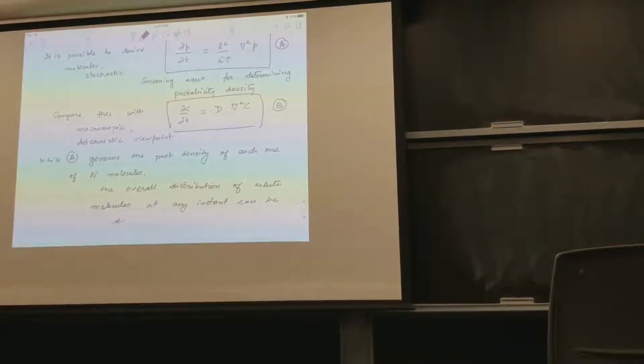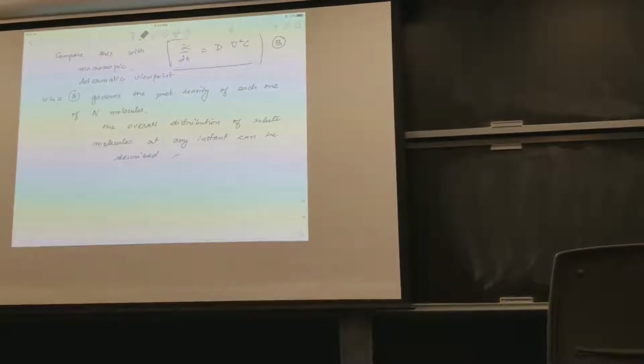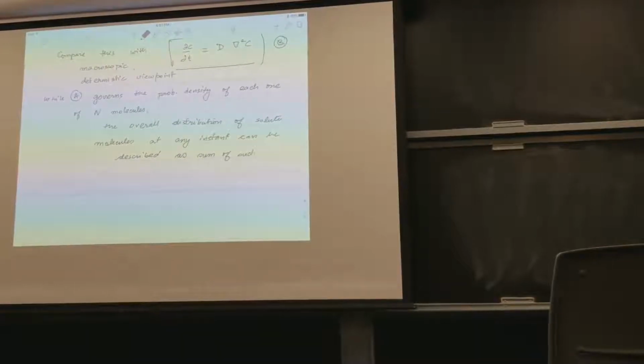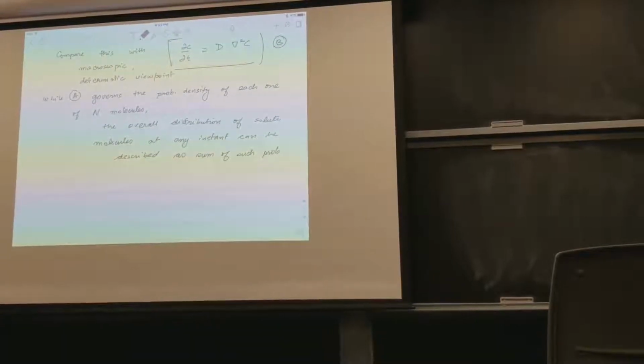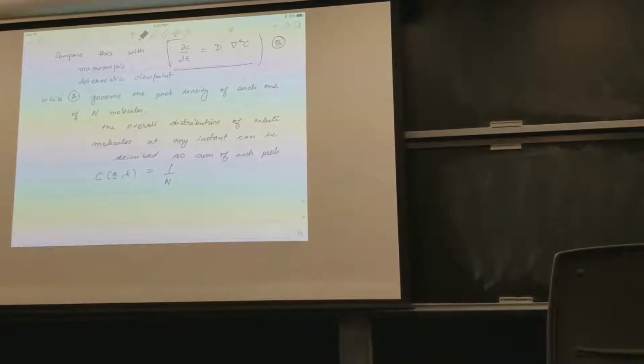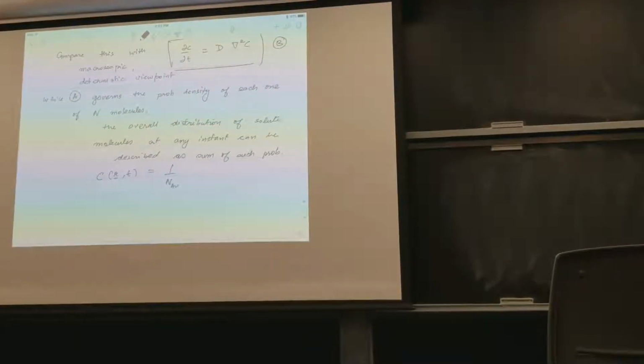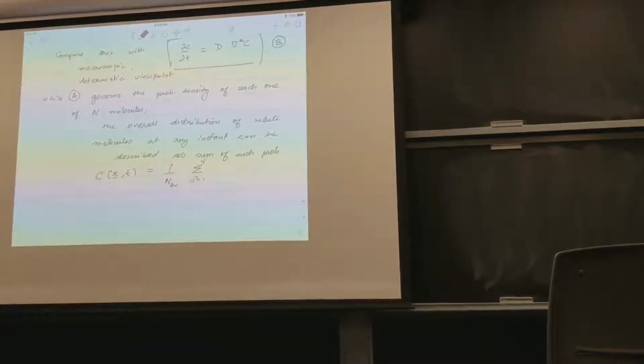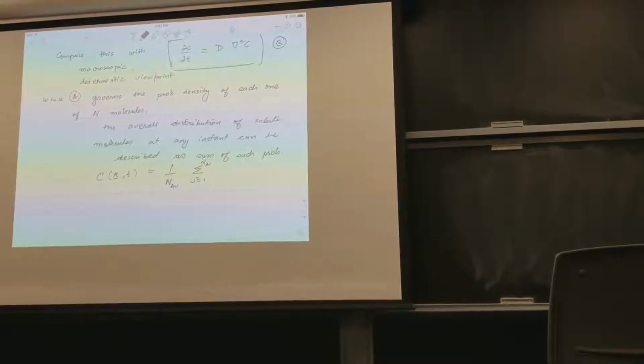So you can write C of t to be the sum of all these probabilities over whatever you want, Avogadro's number of molecules or n number of molecules.